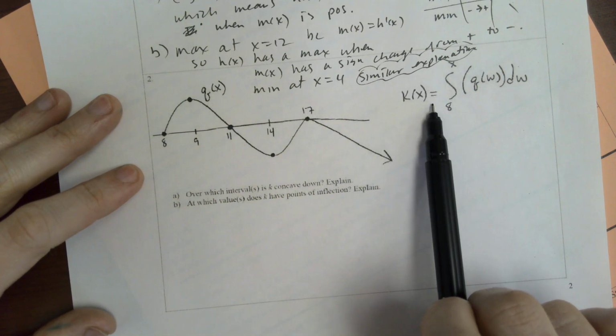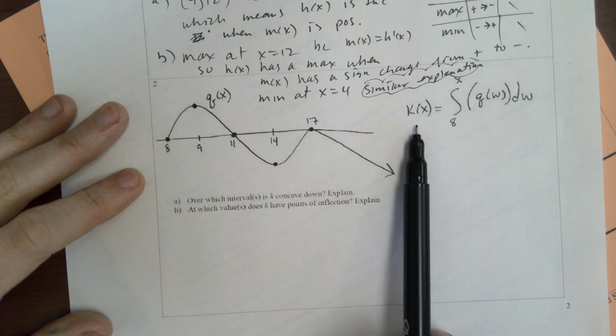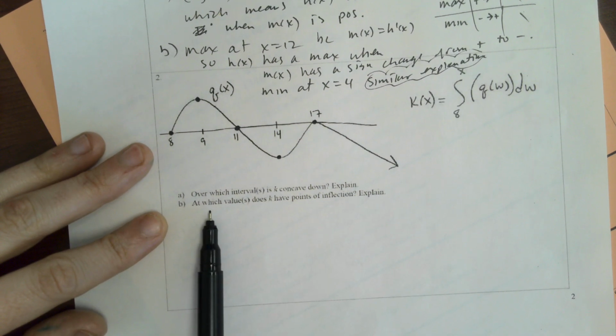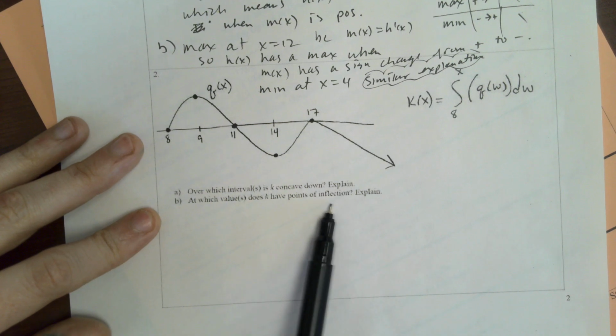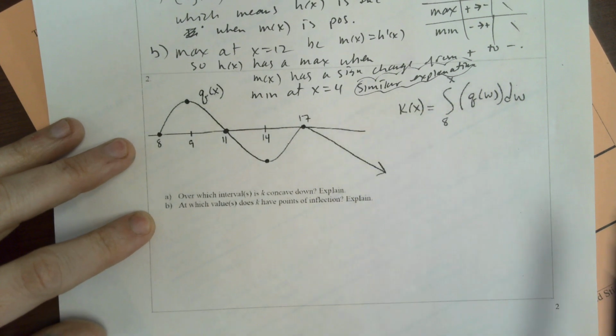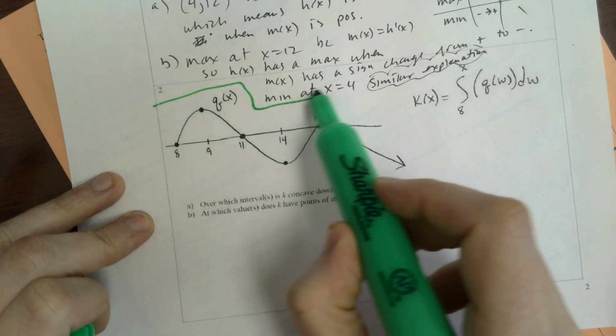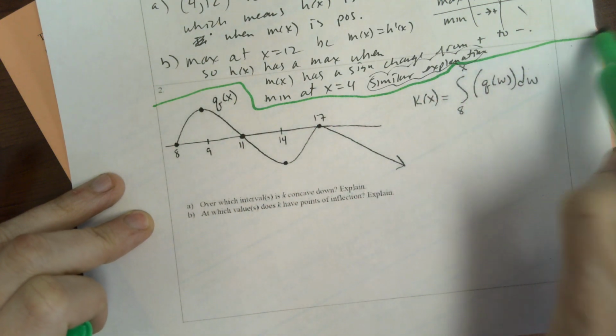So we've got to take the derivative of k. Over which intervals is k concave down, explain, and then at which values does k have points of inflection, explain. All right, this is k of x, and it is an accumulation function. And we're given the graph of q of x.